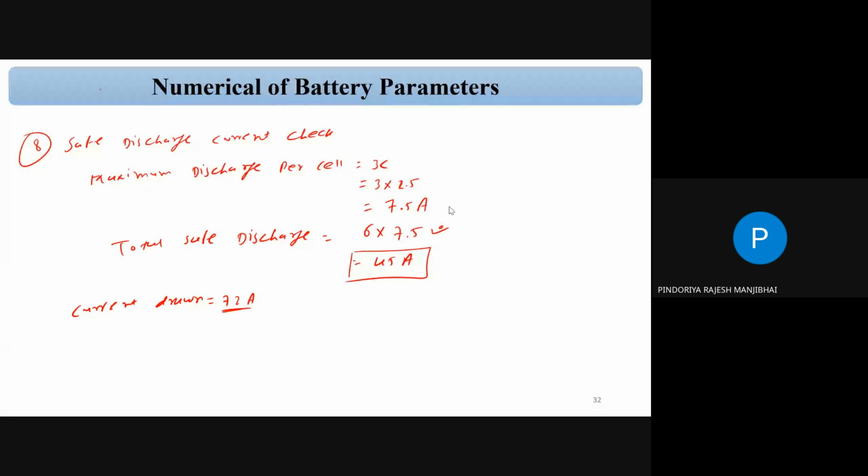So this is not the safe discharging. So the BMS must disconnect, otherwise limit the charging. So the answer is it is not safe discharging. The answer is no, correct?